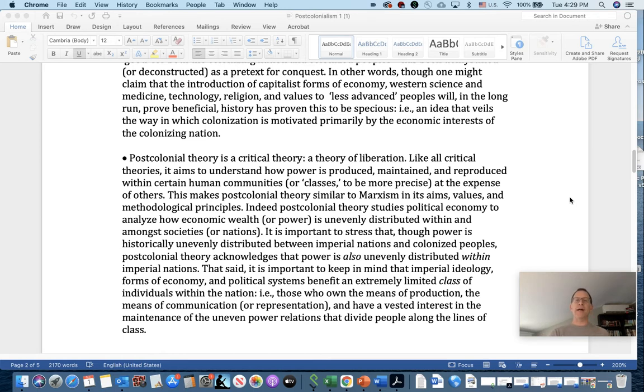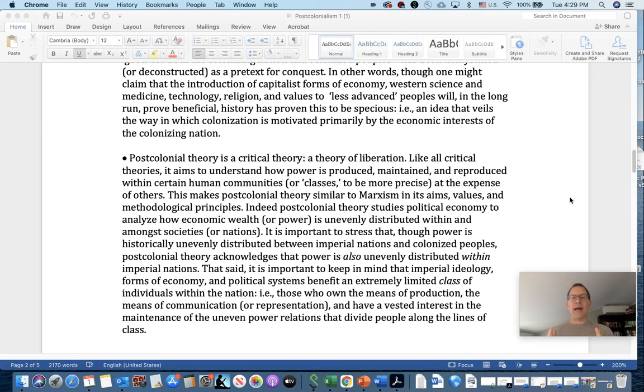Indeed, postcolonial theory studies political economy to analyze how economic wealth or power is unevenly distributed within and amongst societies or nations. Now, it is important to stress that though power is historically unevenly distributed between imperial nations and colonized peoples, post-colonial theory acknowledges that power is also unevenly distributed within imperial nations.